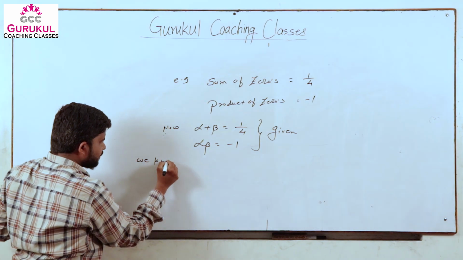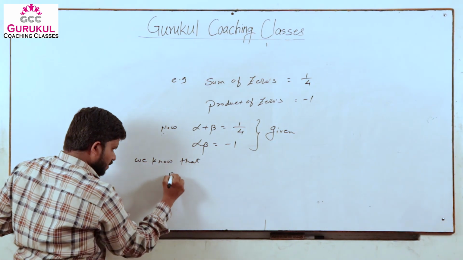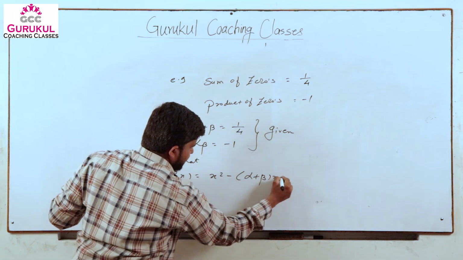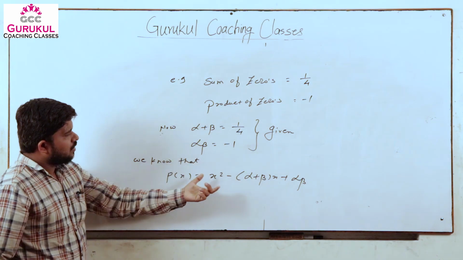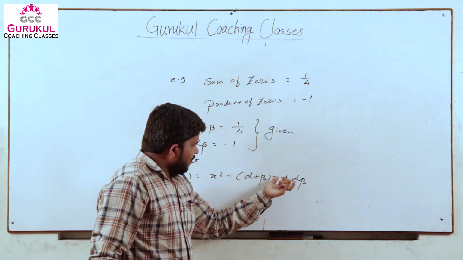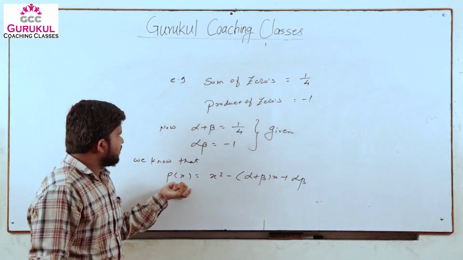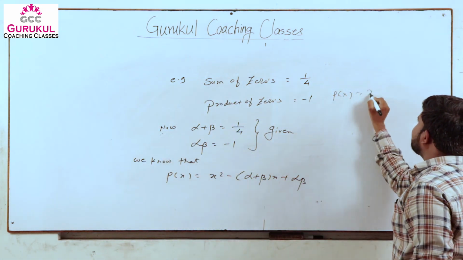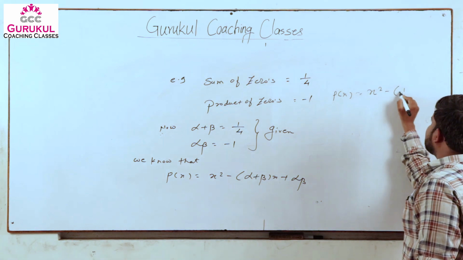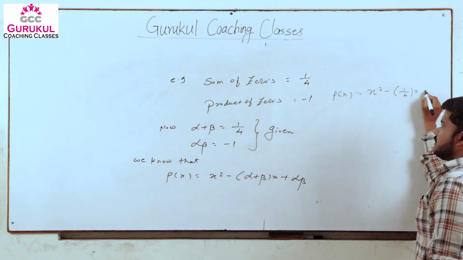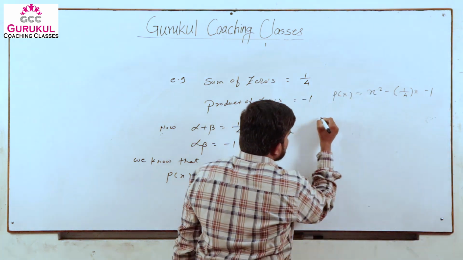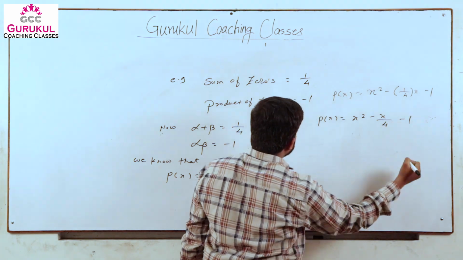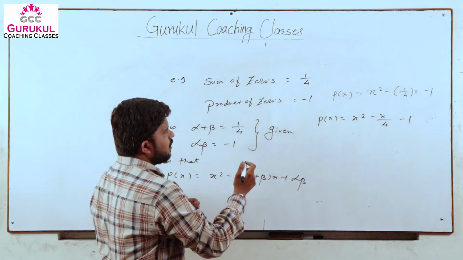We know that P of x is equal to x square minus alpha plus beta x plus alpha beta. Put the values of alpha plus beta and alpha beta in this equation. So the equation becomes P of x is equal to x square minus 1 by 4 x minus 1. So P of x is equal to x square minus x by 4 minus 1.